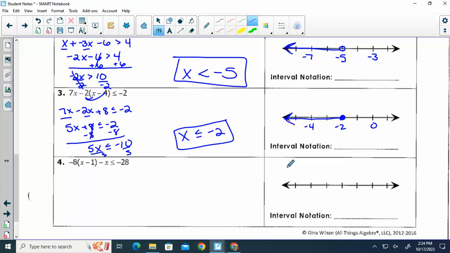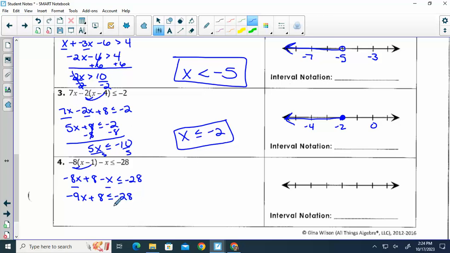Is that one okay? Number 4. So what am I distributing first? Okay, so I get negative 8x plus 8 minus x. Negative 8x and negative 1x would be negative 9x, since they're on the same side, we just combine them.